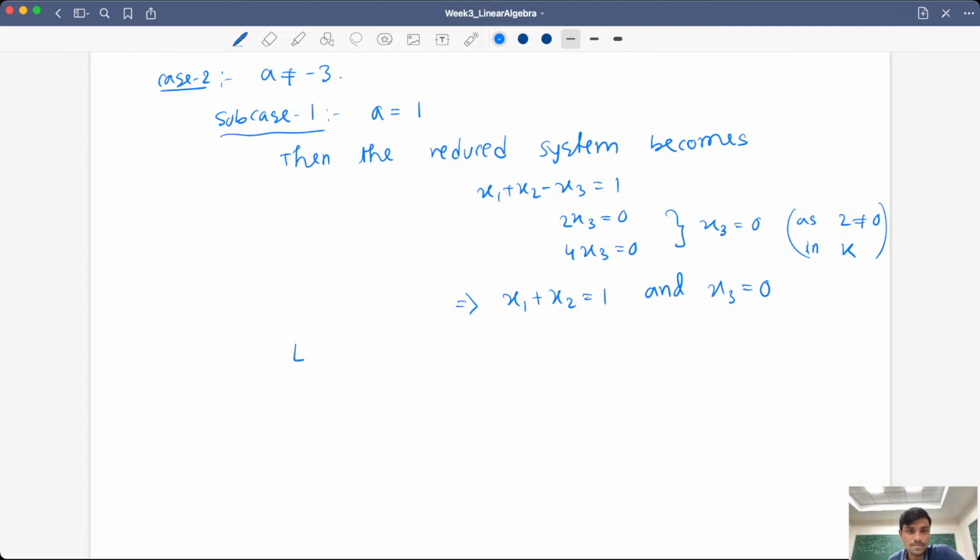Then the solution set of the system when a equal to 1, so this is epsilon 1, is given by all x1, x2, x3 belonging to k3, k cross k cross k, such that x1 plus x2 equal to 1 and x3 is 0.